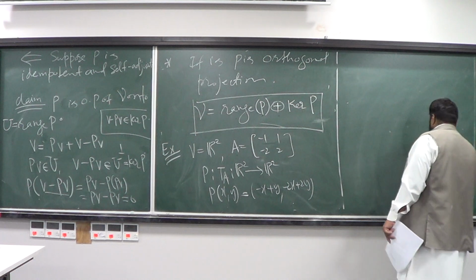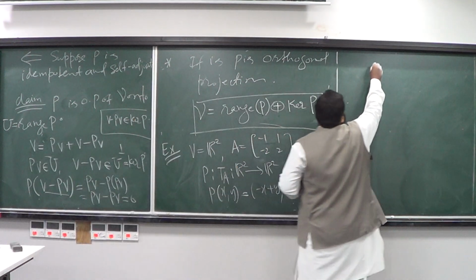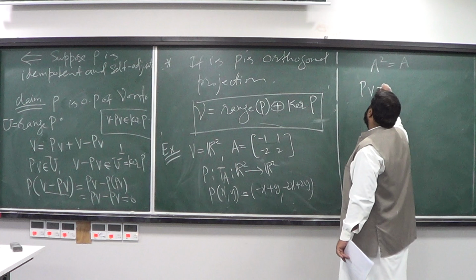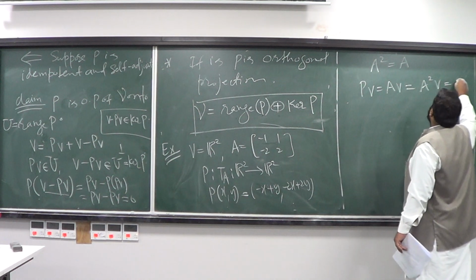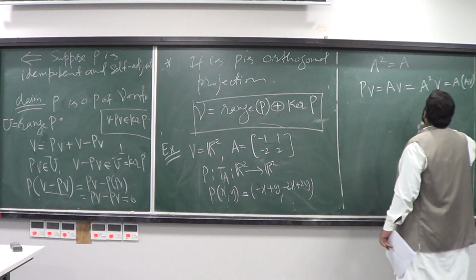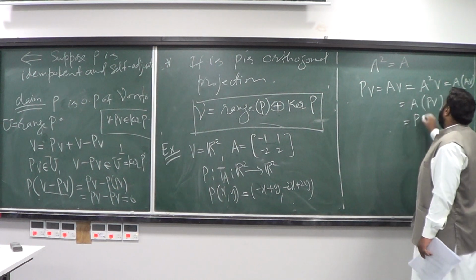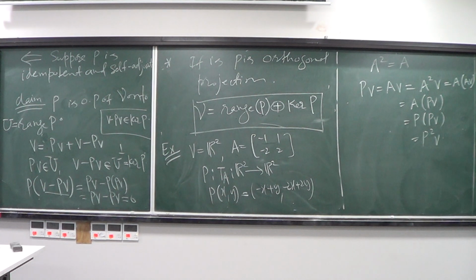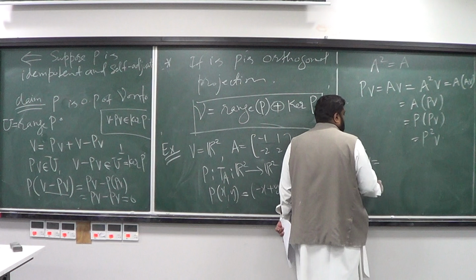Since A square is equal to A, the P must be idempotent, because P operated onto V is going to be AV, and AV is really A square V, and A square V means A multiplied by AV, and this is the same as A multiplied by PV, which is the same as P operated onto PV, and therefore it's P square V. So this shows that P is idempotent.